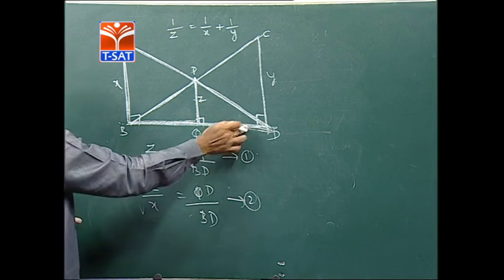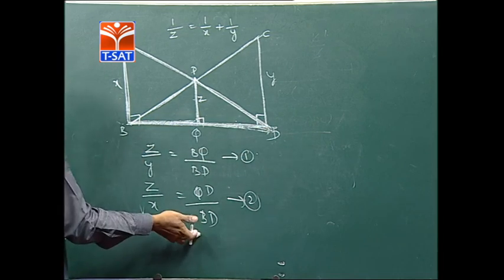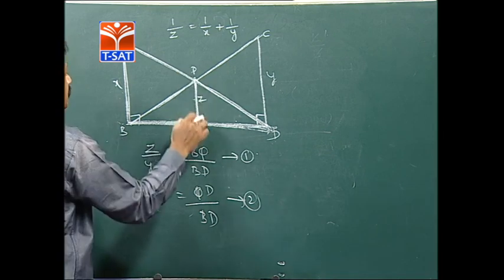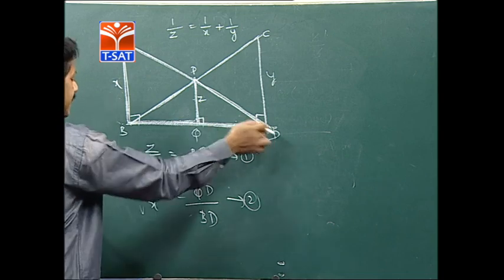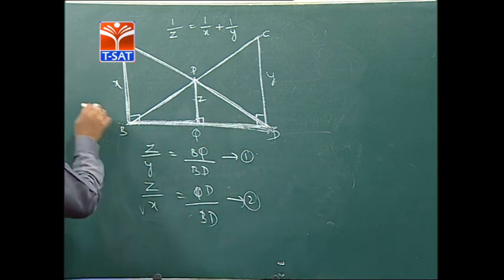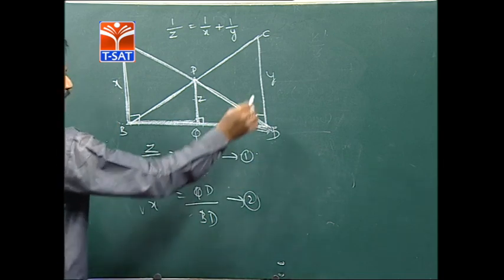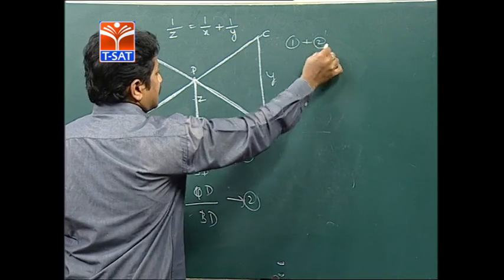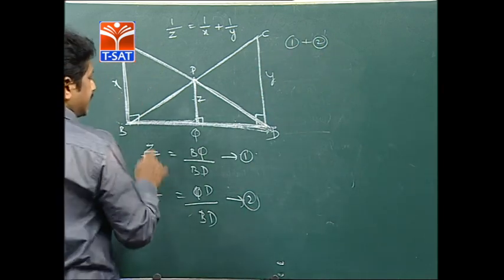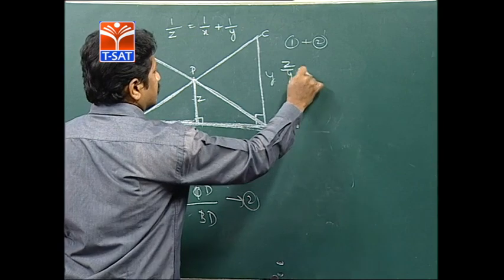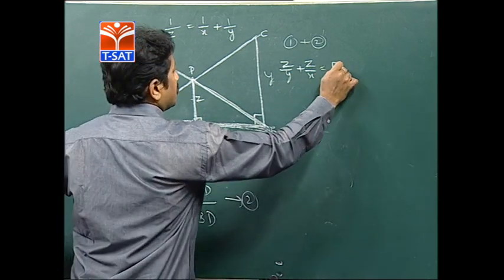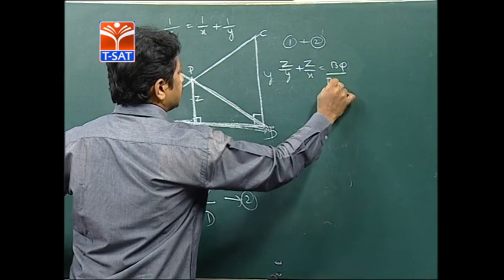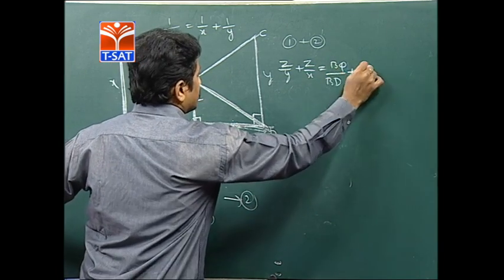So QD by DB, of course BD, is equal to PQ by AB, of course Z by X is equal to QD by BD. Now, just add 1 and 2. When you add 1 and 2, you will get the answer. So Z by Y plus Z by X is equal to BQ by BD plus QD by BD.